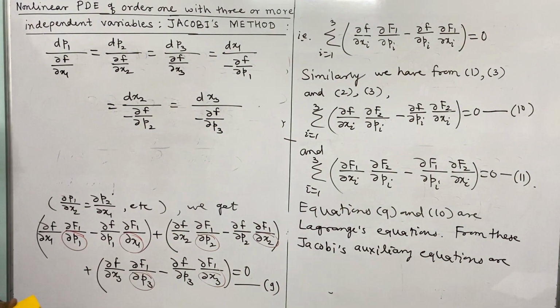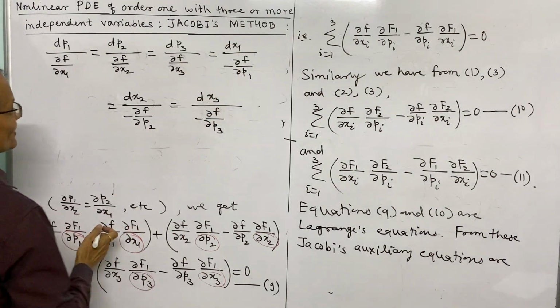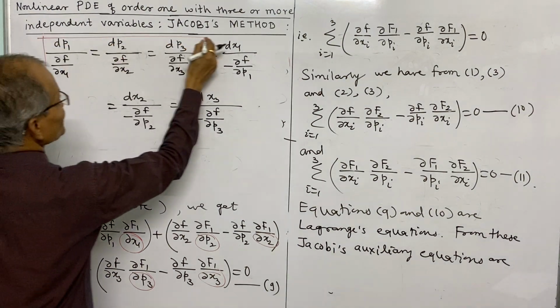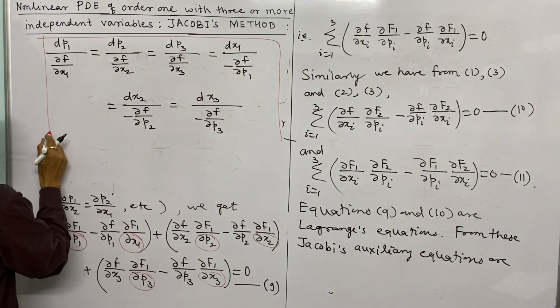So these are the Jacobi's auxiliary equations, or auxiliary equations in Jacobi's method, and we have to remember these equations for solving the problems.